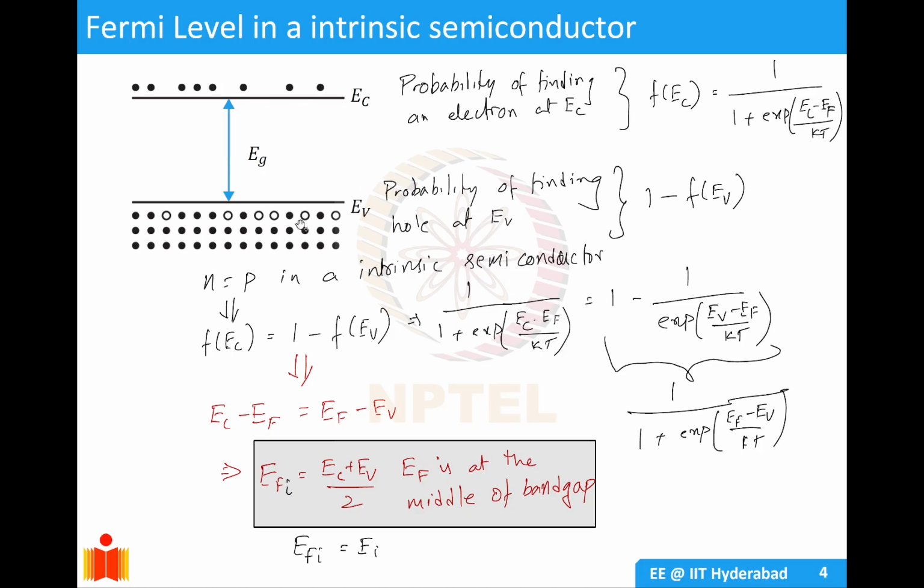Now if we use this formula on our semiconductor, f of EC equals 1 upon 1 plus exponential of EC minus EF by KT.